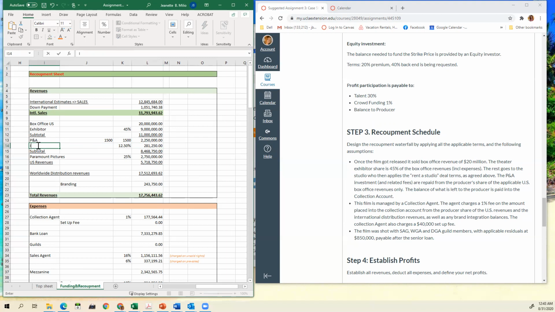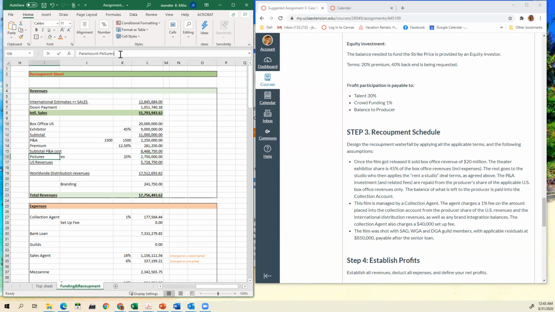The interest or premium, in this case, it's actually a premium payment for this is 12.5%. So we need to add that as a cost. So our entire P&A cost, I'm going to write down subtotal P&A cost, so you know what that is, that we have to pay back to the investor is $8,468,750.